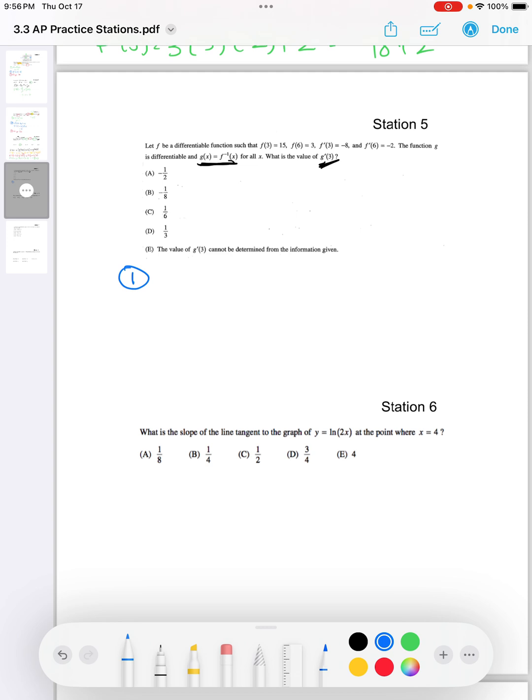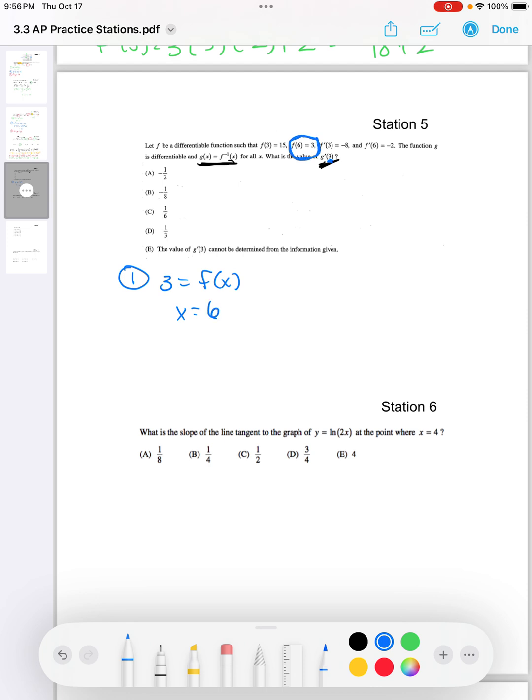Step number 1 is we're going to set 3 equal to my function of f of x. 3 being the x value on the inverse means it's the y on the function. And so my x value, where is my f of x equal to 3? That happens right here at f of 6.